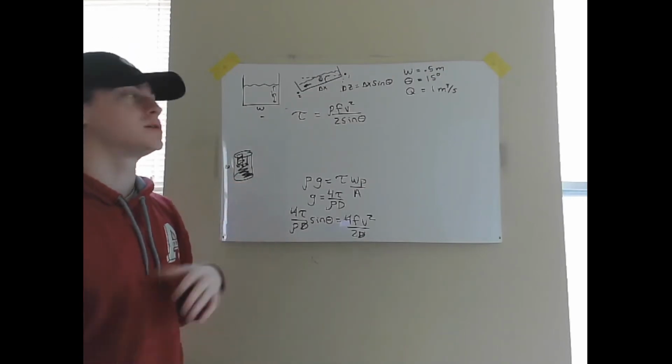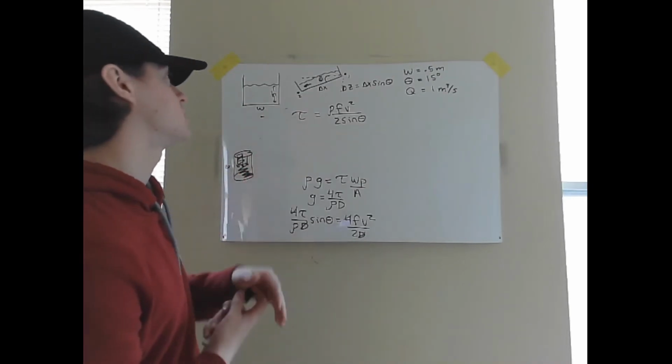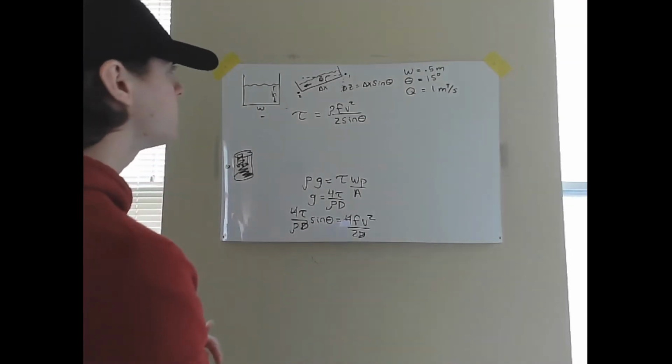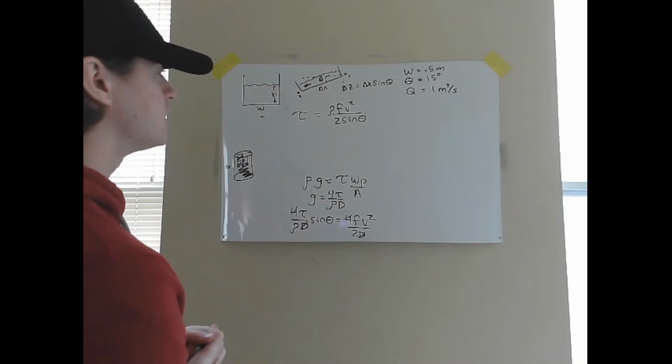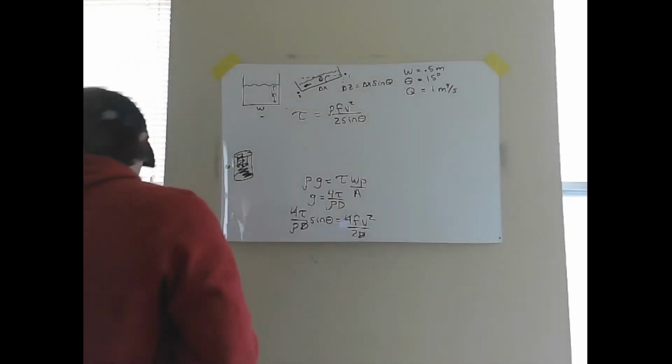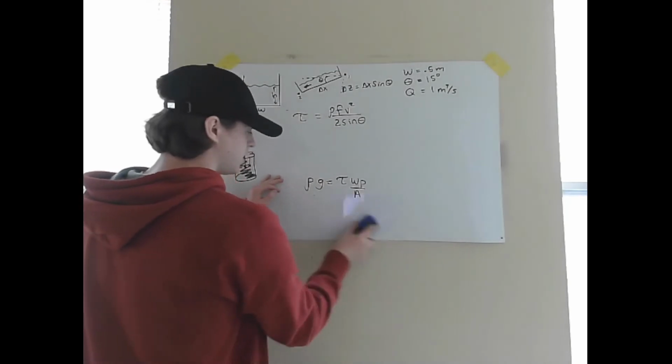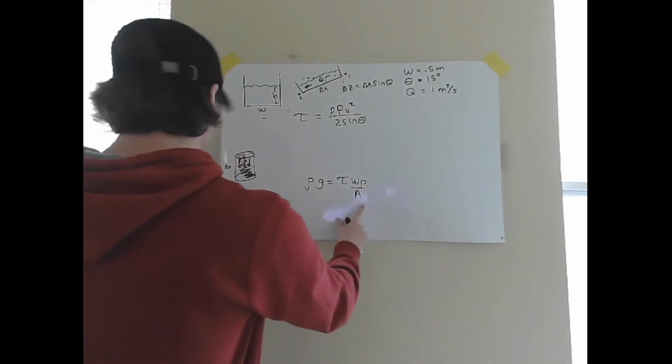We're going to go ahead and assume that this expression also represents the shear stress on the edge of our rectangular pipe. And from here, we can go ahead and continue to solve this problem. So I'm actually going to reuse this equation that we used earlier right here.